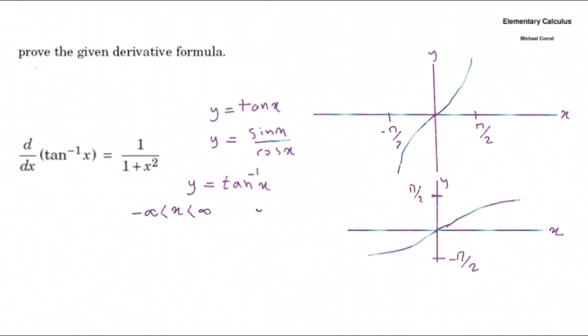So y is greater than negative pi over 2 and less than pi over 2. Then y equals the inverse function of tangent x.